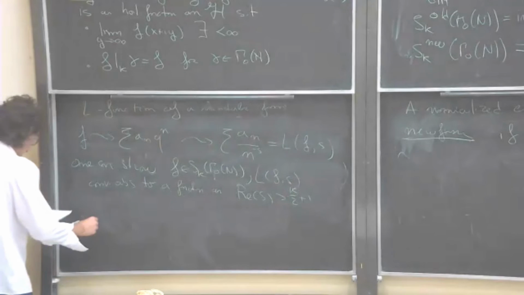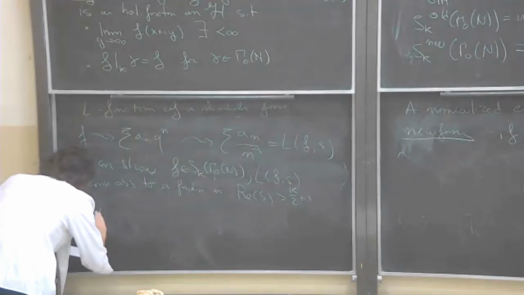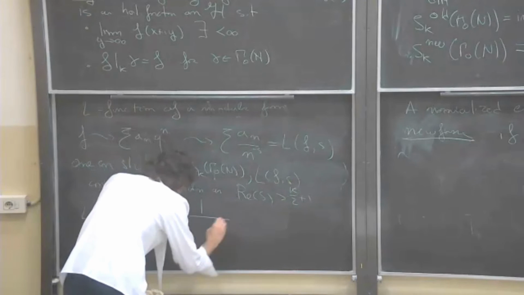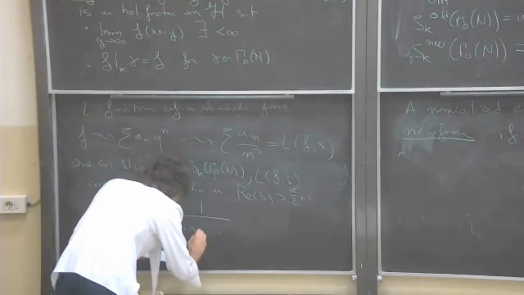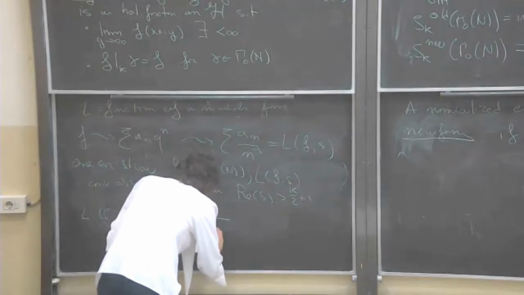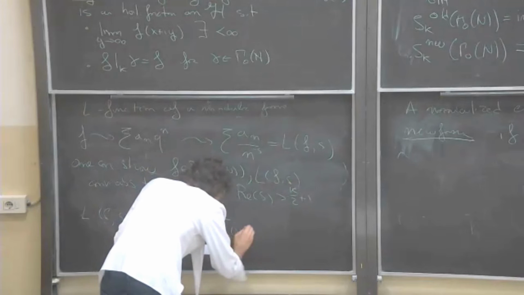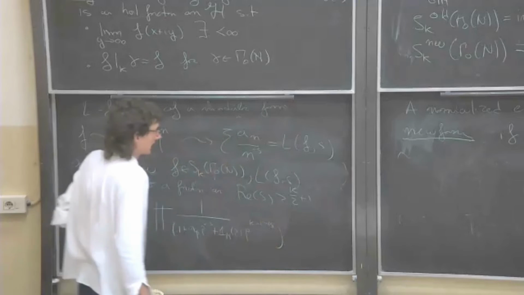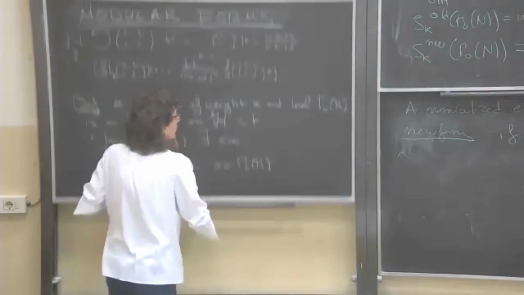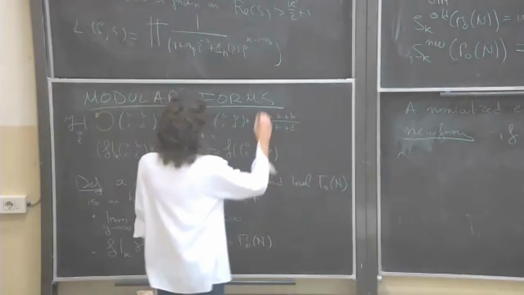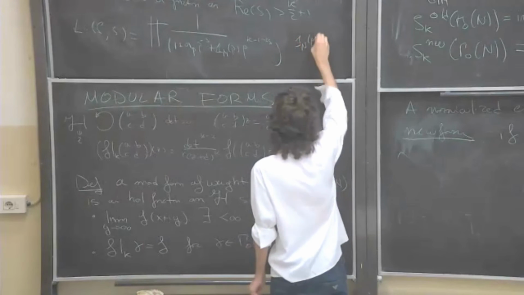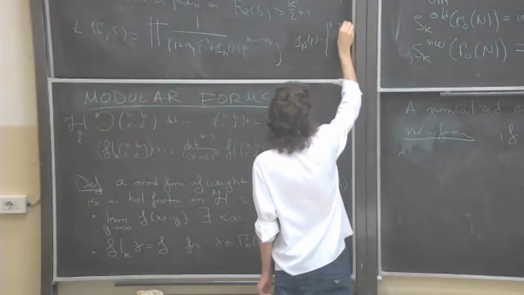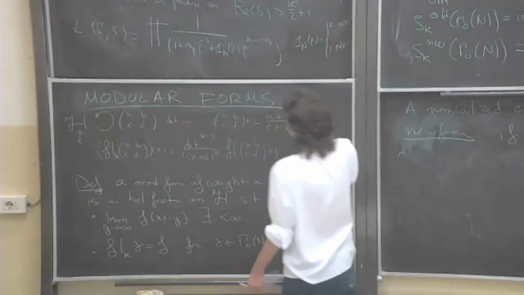And we have an Euler product factorization: L(f,s) equals the product over p of 1 over (1 + a_p p^(-s) + 1_N(p) p^(k-1-2s)), where 1_N(p) is 0 if p divides N, 1 if p does not divide N. Now let's look here.